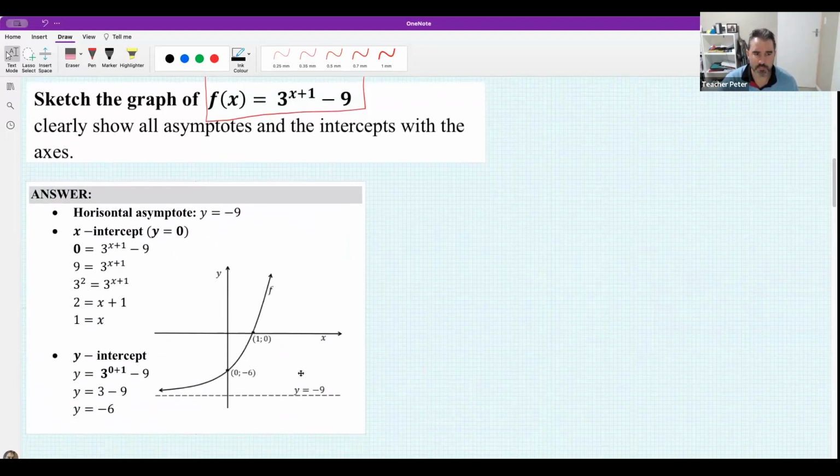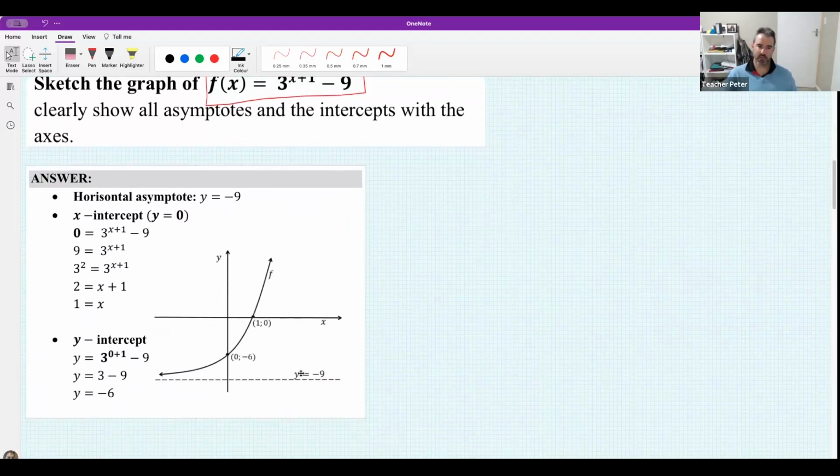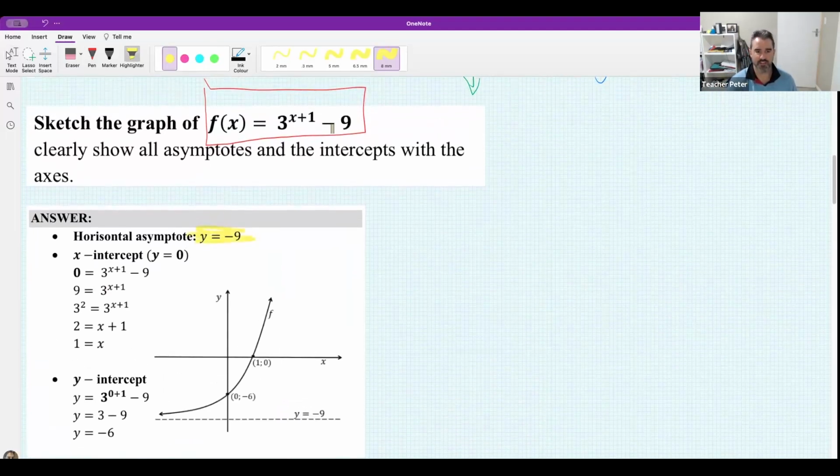So if we look at the perfect answer, your horizontal asymptote is -9. And then we find the x and y intercepts, and then it was an increasing function, so it looks like that. That's it.